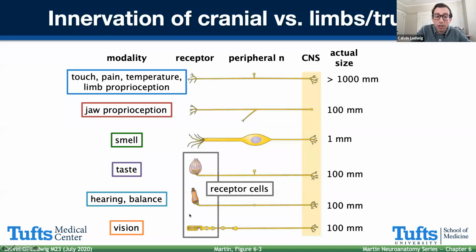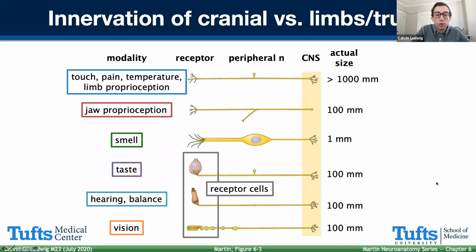So these are specialized cells that are particularly designed to pick up on taste, hearing, balance, and vision in these 3 examples. It's these receptor cells that activate synaptically the primary sensory neurons depicted here, which transmit information encoded in the form of an action potential to the central nervous system upstream.